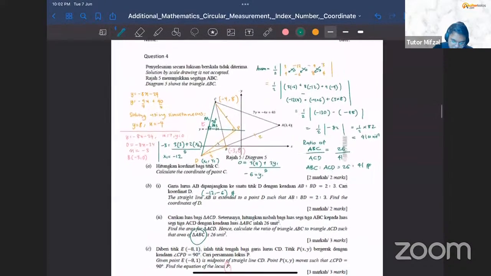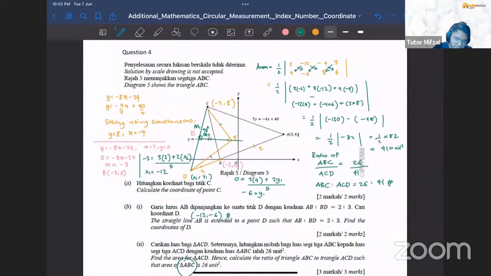Alright, semua dalam coordinate geometry ni dia step. But the first thing is that you should know all the coordinates. And normally kalau you dah tak tahu apa nak buat, cuba cari gradient. And dah cari gradient, you try to relate. Kalau benda tu ada 90 degrees, then you guna M1, M2, negative 1. Then M1, M2, negative 1, you try to do the equation of the straight line.